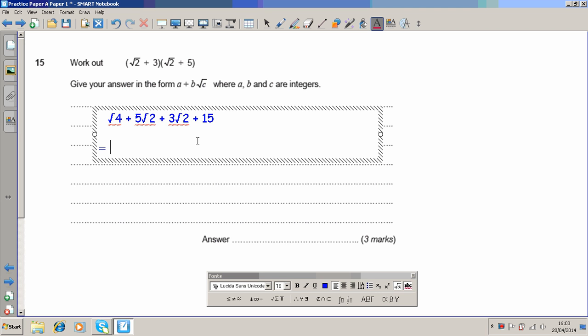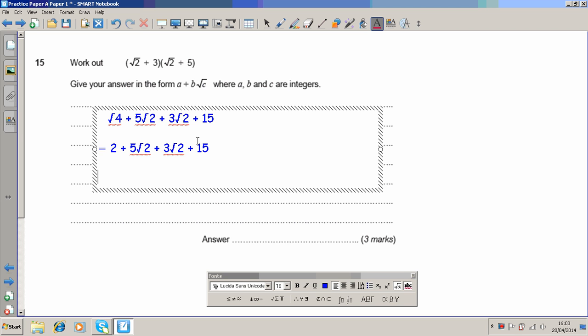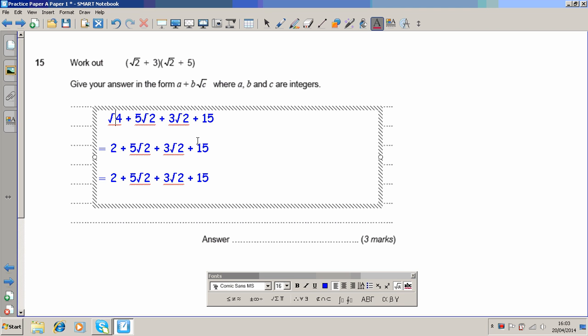Okay, so now simplifying it, what is the square root of 4? The square root of 4 is 2, so I can do that. You want to check whether there are any other bits you can simplify, but I can't simplify root 2 or anything else, so I can leave that as it is.